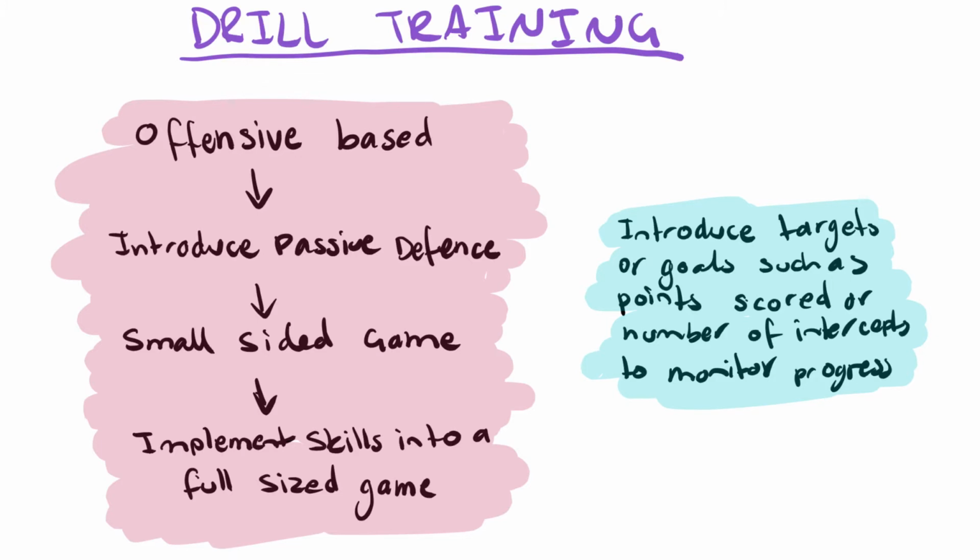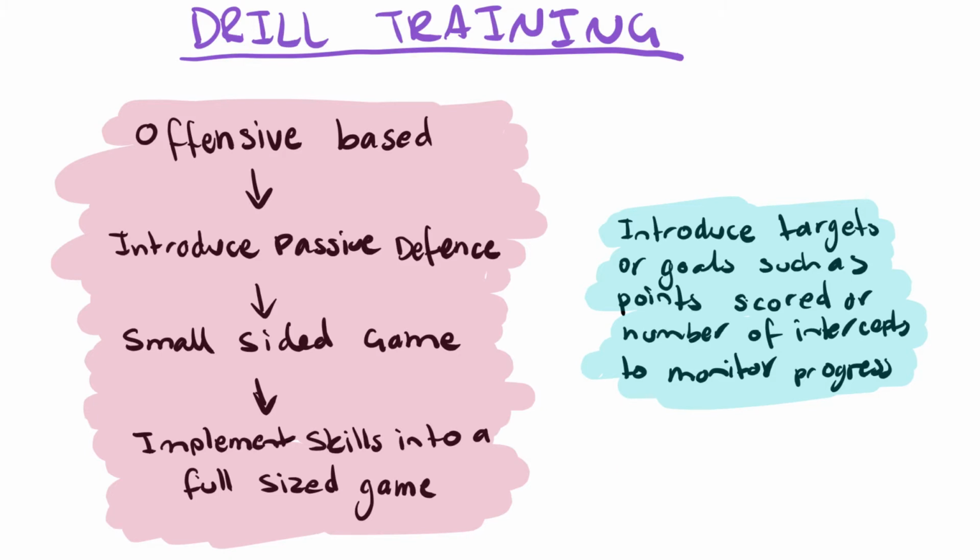When we look at drill training, there's usually a procedure that coaches follow, progressively changing things up rather than making something really difficult straight away. Usually a drill begins with an offensive base, so it's attacking with one or two players rather than having two teams. Then the coach may introduce a passive defence, a defence player who is just taking up space but not being too active, which might then move into a small-sided game where the defence becomes a little more active.